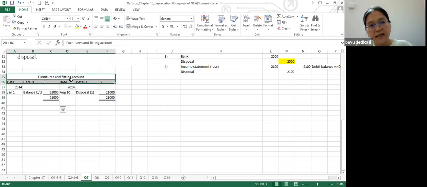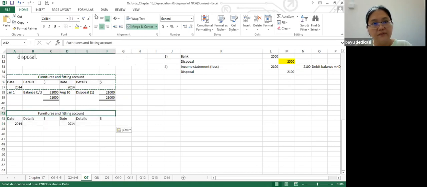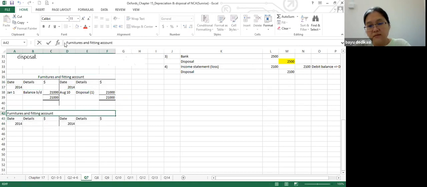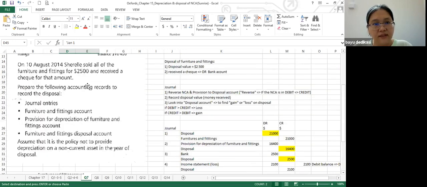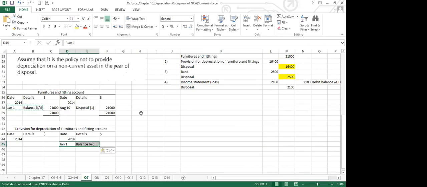The next account that we're going to do will be the provision for depreciation of furniture account. The balance brought down in the question is 16,400.